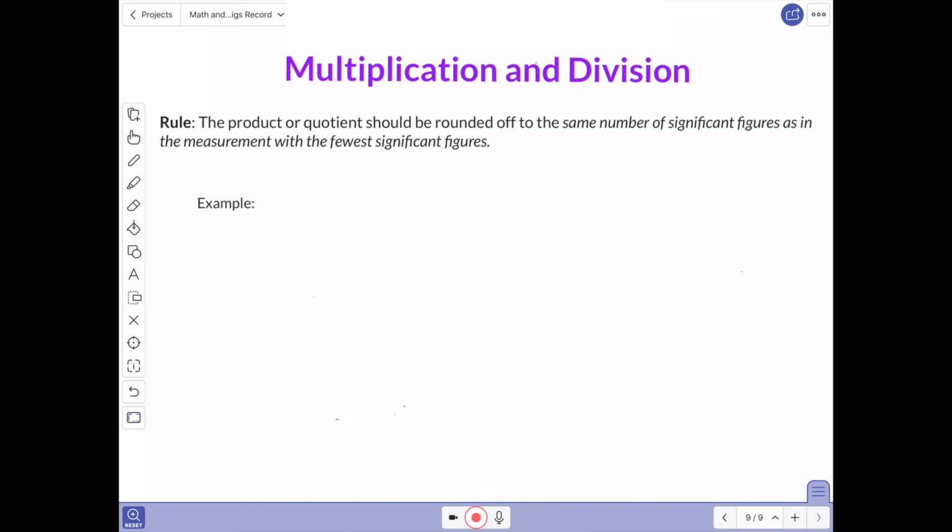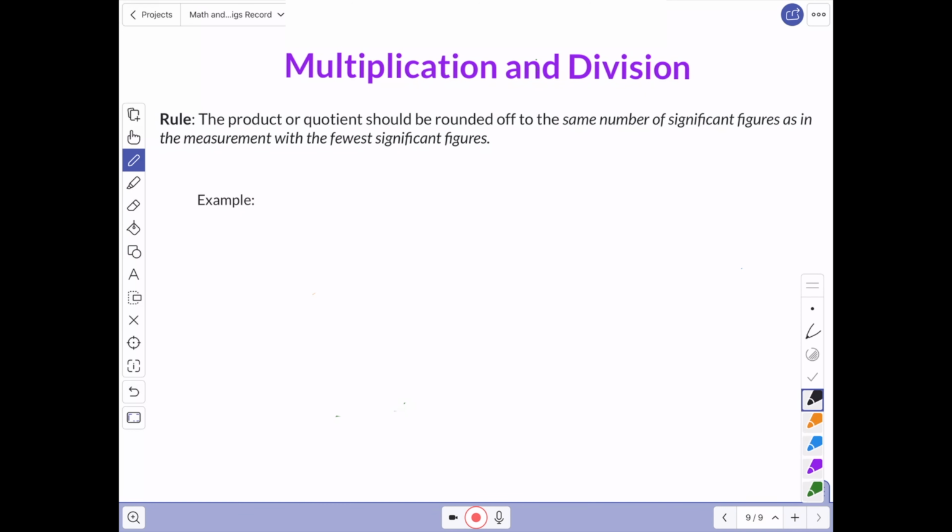Let's go ahead and do a multiplication problem. Let's go ahead and multiply 3.5293 moles by 34.2 grams per mole.